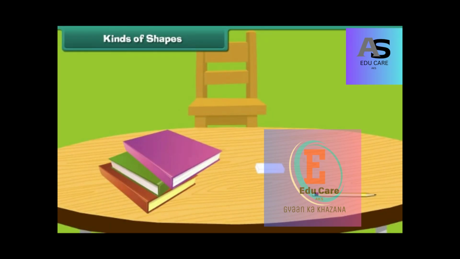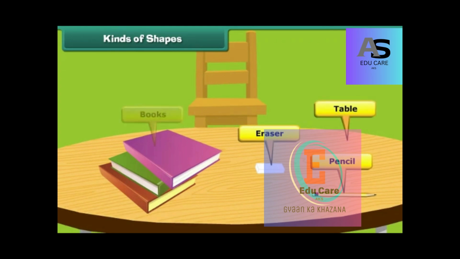We see different shapes all around us. Pencils, erasers, tables, books, chairs, etc. They are called solid shapes.